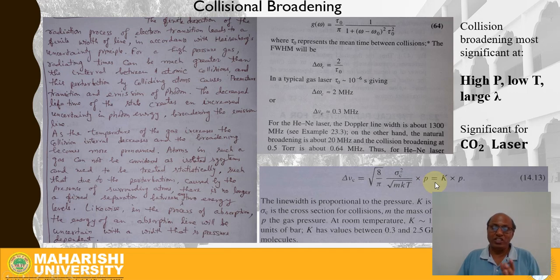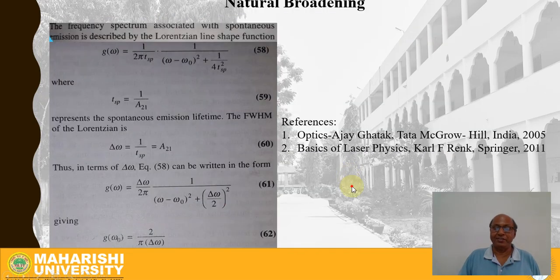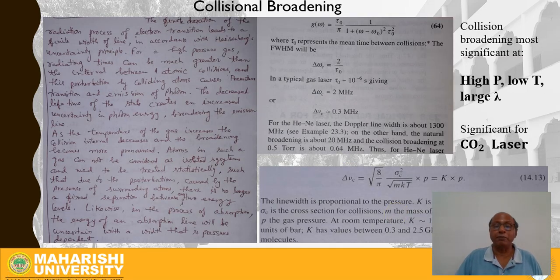So as you can see here, if your gas laser is operating at high gas pressure, your collisional broadening will be predominant. So this is another thing which we have to discover.